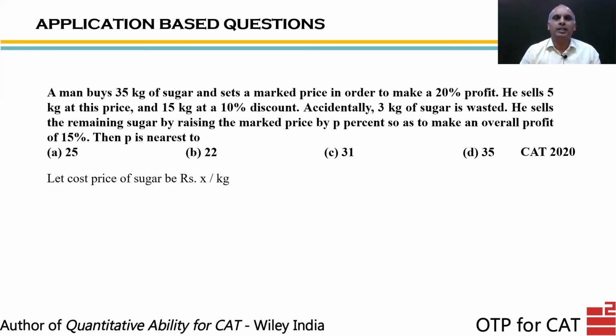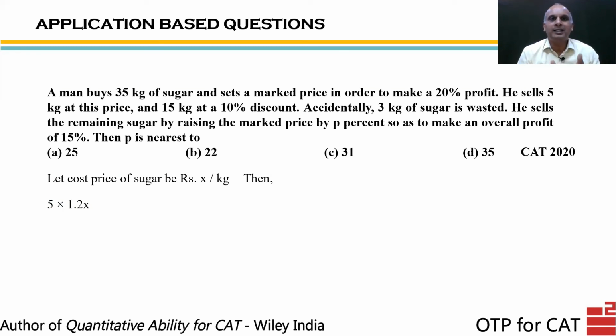Let us say the cost price of the sugar is x rupees per kg. He wants to have a 20% profit, so the mark price will be 1.2x per kg. He sells 5 kg at this price, so the amount of money he gets from selling 5 kg will be 5 into 1.2x.